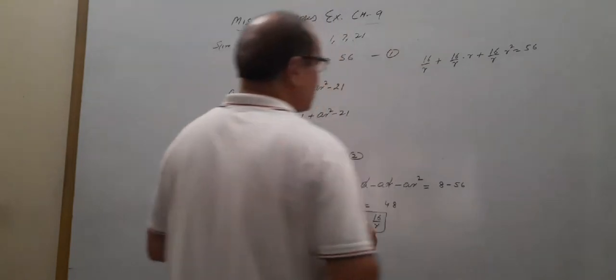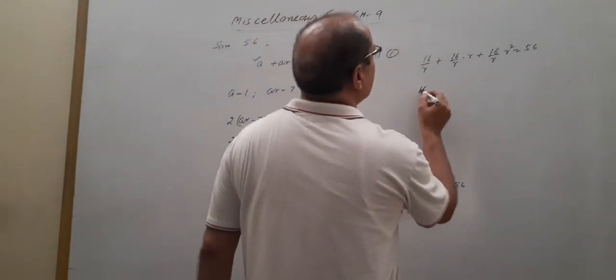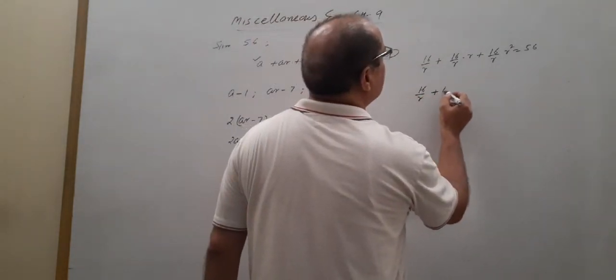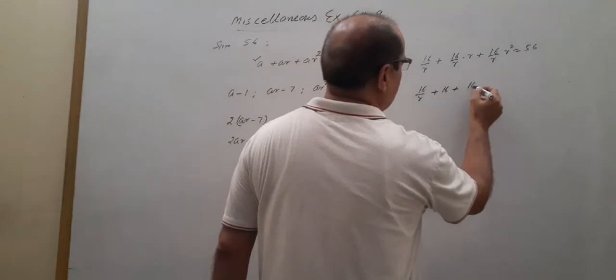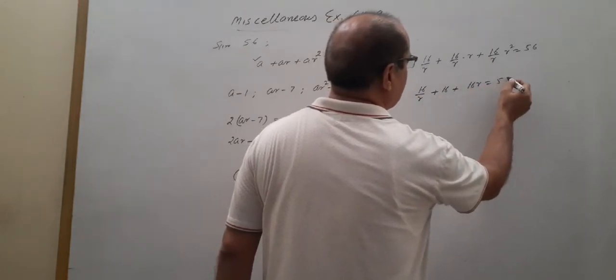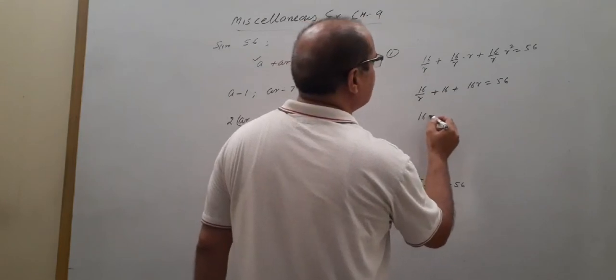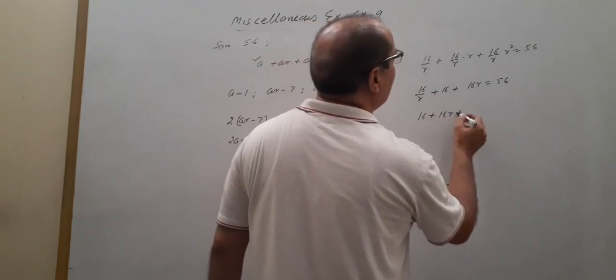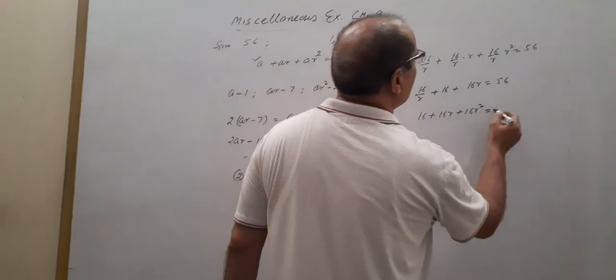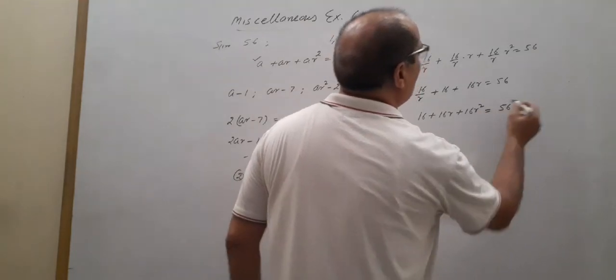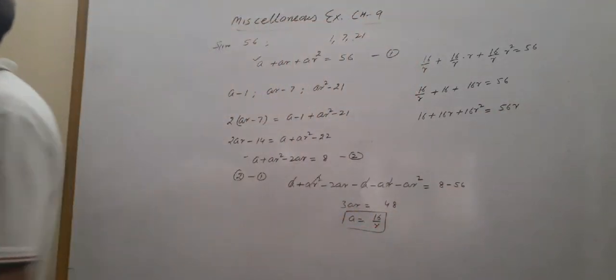I have substituted it in number 1, so this becomes 16 by R plus 16 plus 16R is equal to 56. Now taking LCM, this can be written as 16R square is equal to 56R. Just substituting the values and rearranging the terms, we get the result.